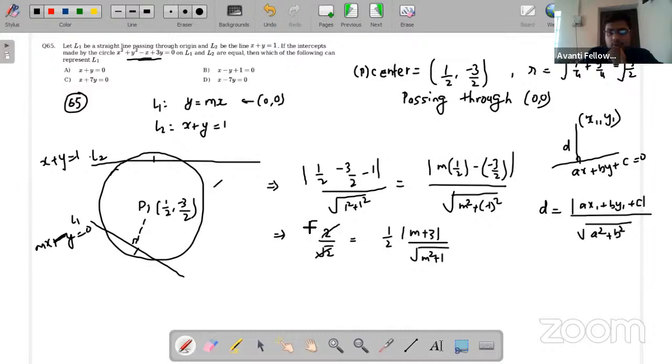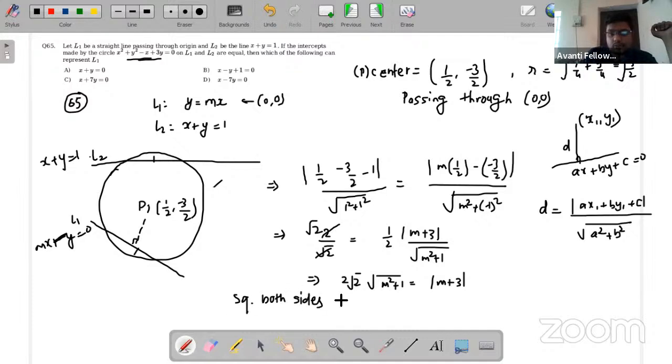This is actually root 2. So this will be 2 root 2, and then we'll completely cross multiply and then whole square, because root is there. So 2 root 2 into root over m square plus 1 is equal to modulus of m plus 3. Clear? So now we'll square both sides.